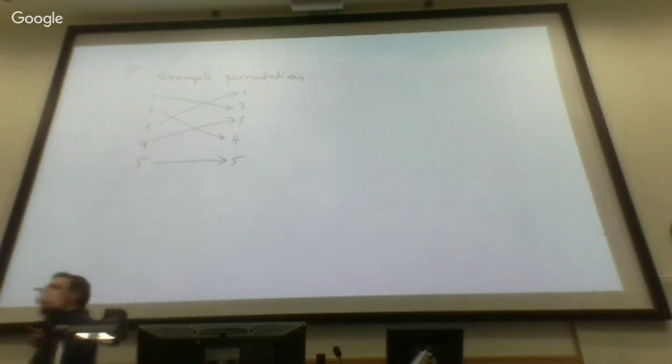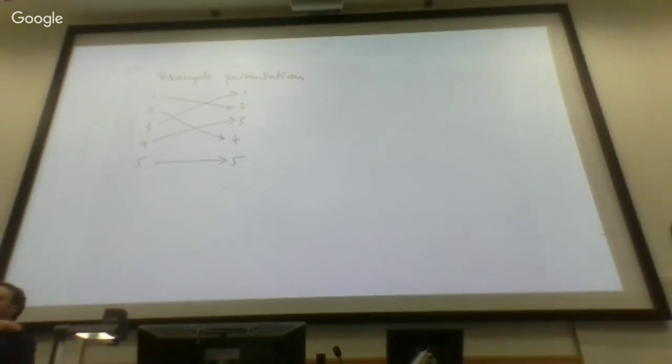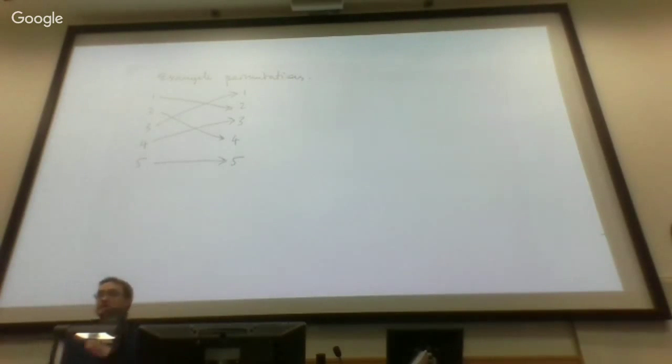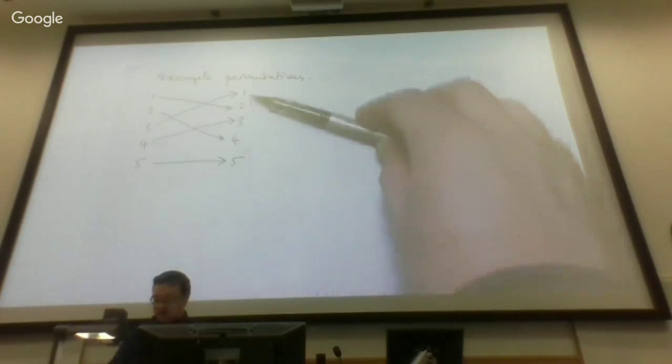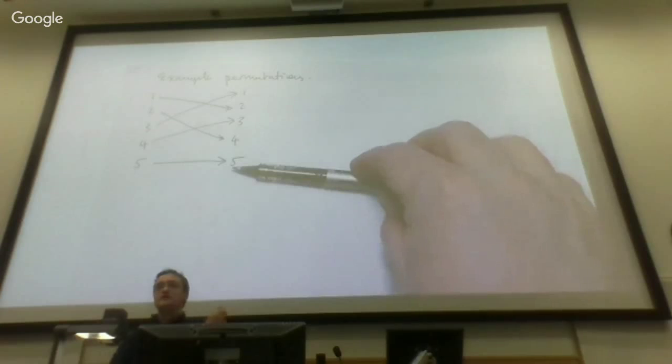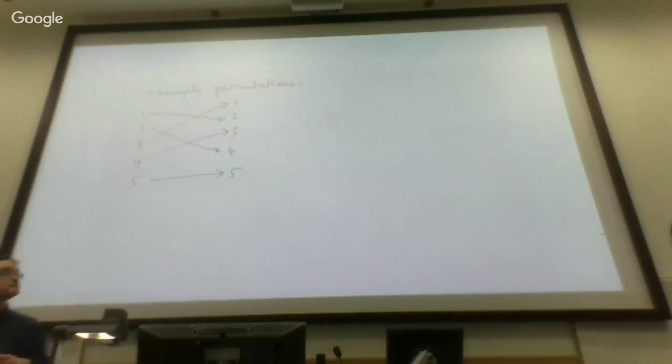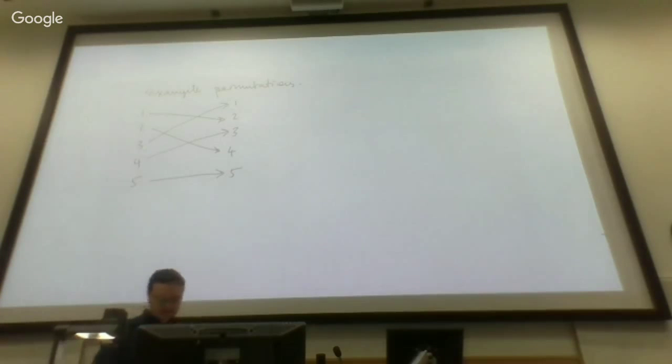We never have two arrows arriving at the same image, because that would be non-injective, with two elements in the domain getting sent to the same element in the codomain. So we never see that. And hence, because it's the same number, we never see an element in the codomain which isn't an image. Those are the two aspects of being bijective.